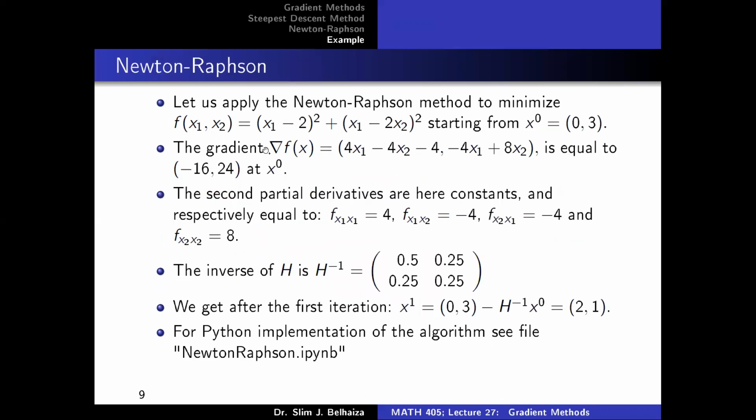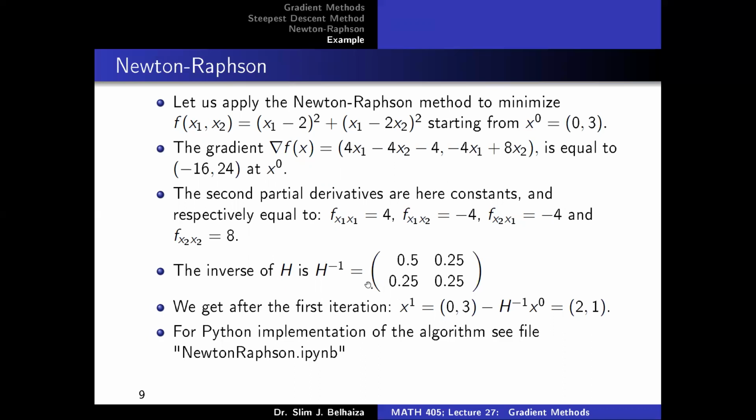Now, for the application of the Newton-Raphson method to the same example, starting from the same point, we compute the gradient here, and we find it's equal to minus 16, 24 at x naught. We'll compute the second partial derivatives, and here they would be 4, minus 4, minus 4 and 8.